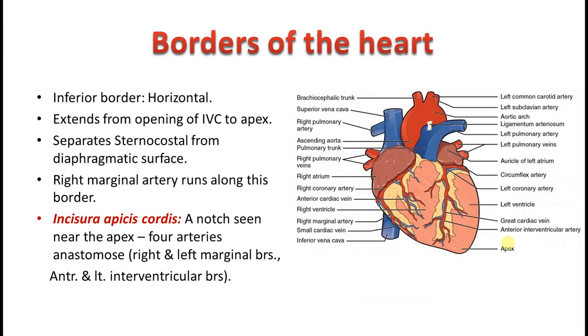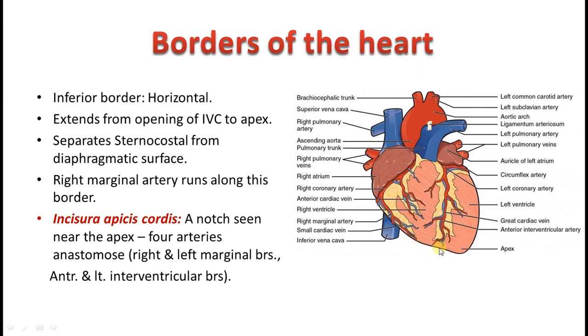The next border is the inferior border. It is again a rounded border, almost semicircular. It extends from the opening of the inferior vena cava to the apex of the heart and is formed mainly by the right ventricle.